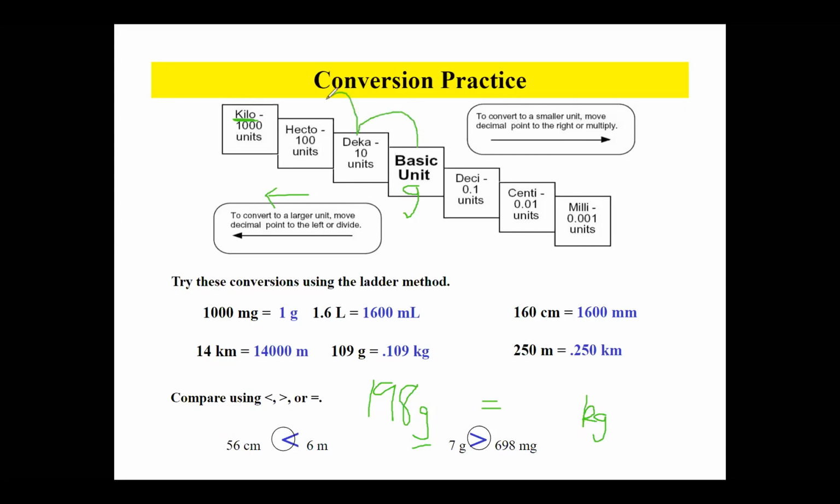There's 1, 2, 3 jumps to go from grams to kilograms. So if our decimal place is right here after the 8, we're going to move that decimal place 1, 2, 3 spaces.